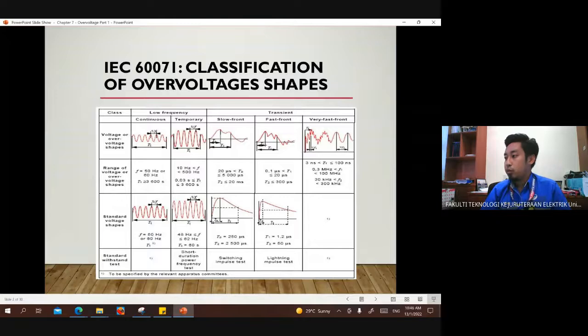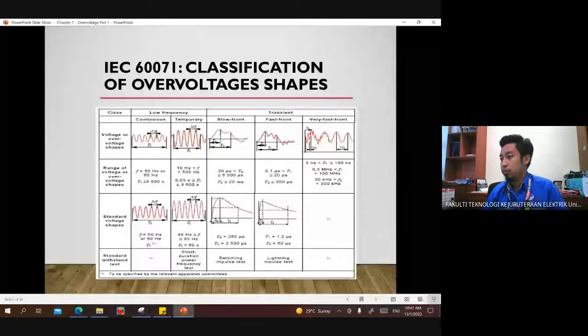If you want to find the time of the transient, which is the wavefront or rise time, you can use the standard equation, frequency f equals 1 over T. If you want to know the time, you divide 1 over f.